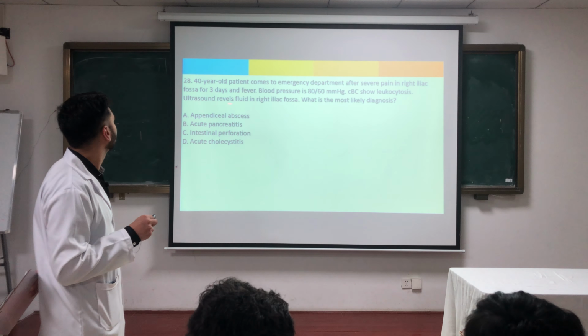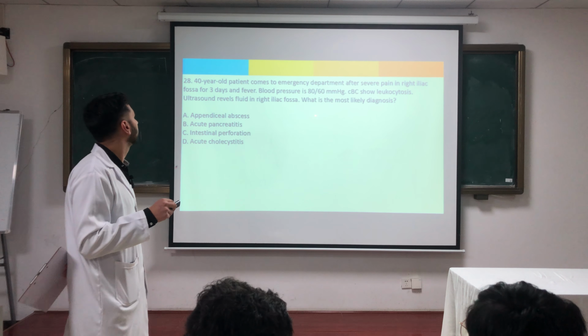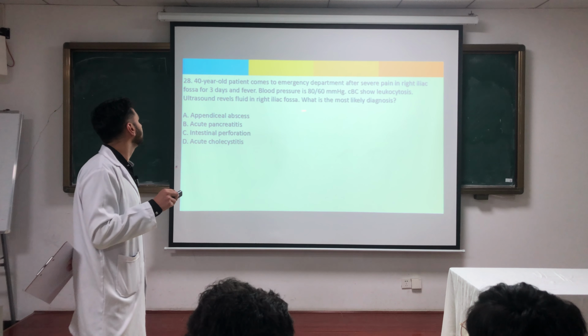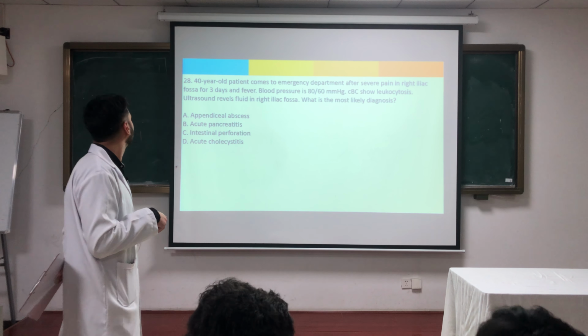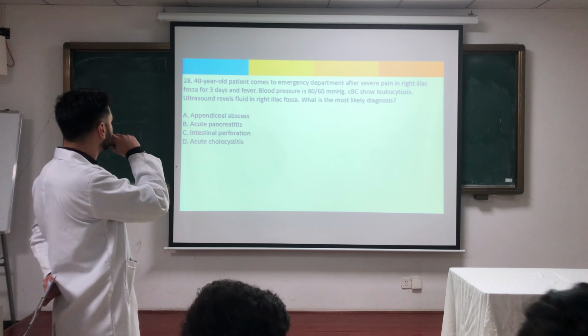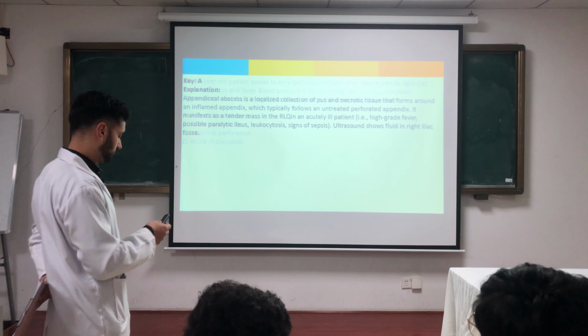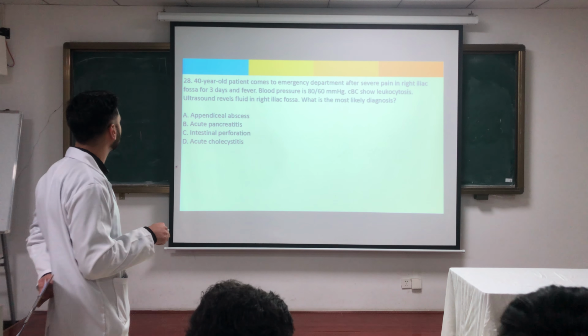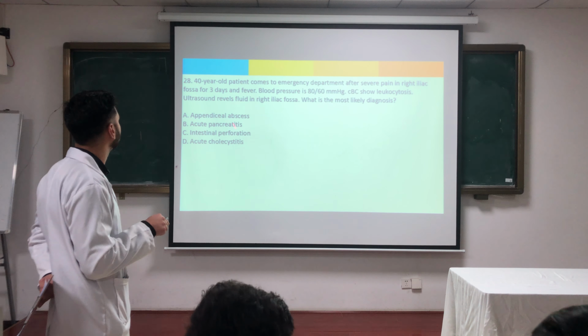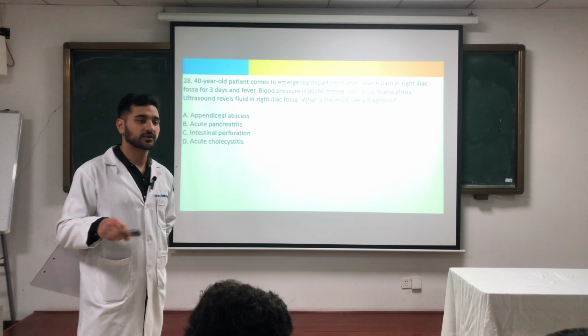And ultrasound shows fluid, pus, in the right iliac fossa. Yes, exactly. And what is most likely? Since it's in the right iliac fossa, mostly we see the appendix. Maybe it is due to appendicitis, perforation of the appendix. Okay. Anyone else? Okay, exactly.